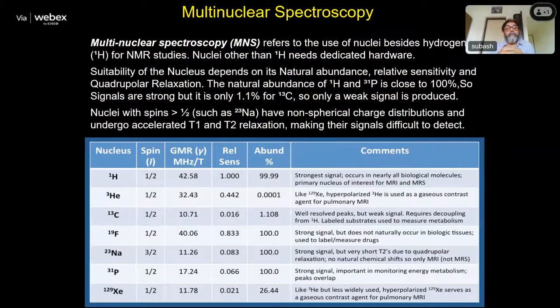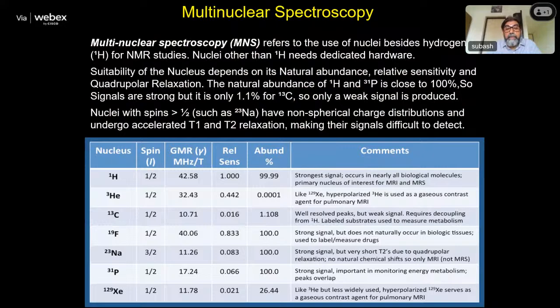All these nuclei can be studied using NMR, but some of the nuclei here do not have enough concentration and natural abundance in our body. So it is difficult to study some of them, but the ones mostly easily studied in multinuclear spectroscopy are phosphorus-31 and sodium-23.